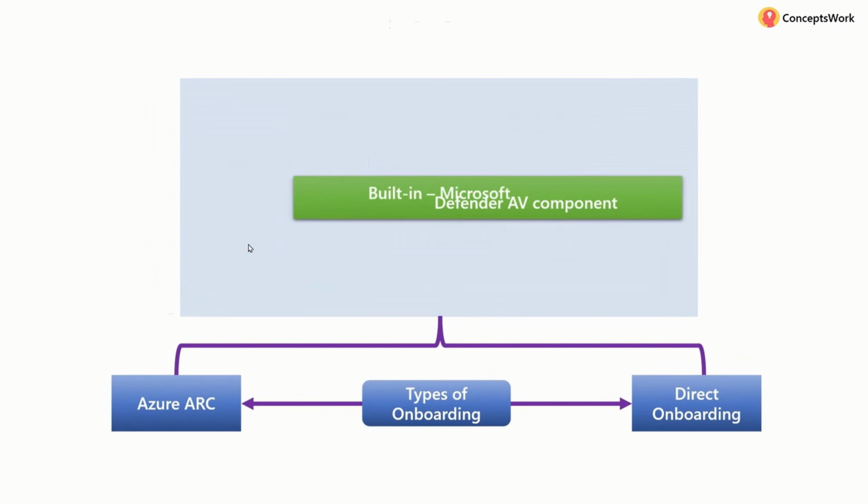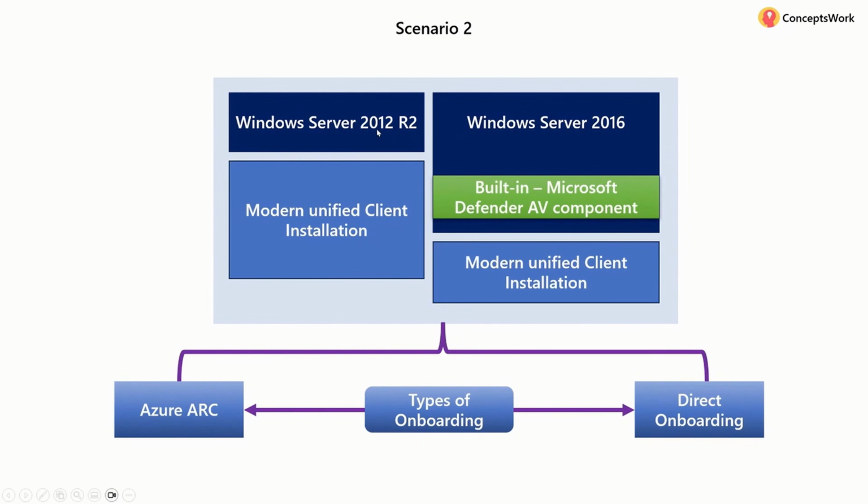But the important point that you have to remember is that in these three server types, both the components are built in. However, if I talk about Windows Server 2012 R2, none of the components are built in, which means it does not have the AV component by default, neither the EDR sensor. So in this case, the modern unified client is installed on this particular OS, which basically brings both the components. However, in Windows Server 2012 R2, there is no GUI to manage the AV component.